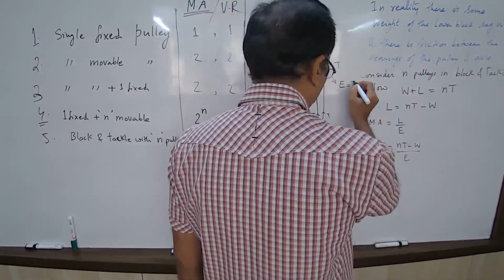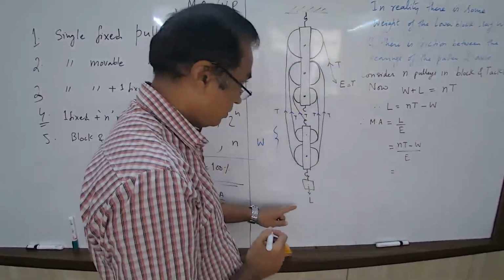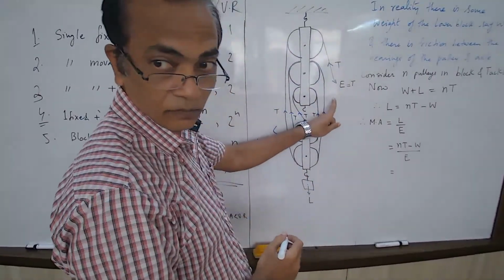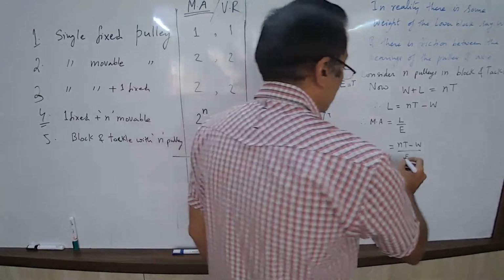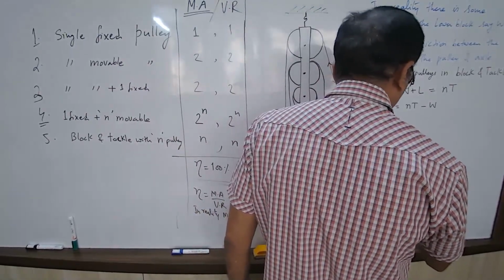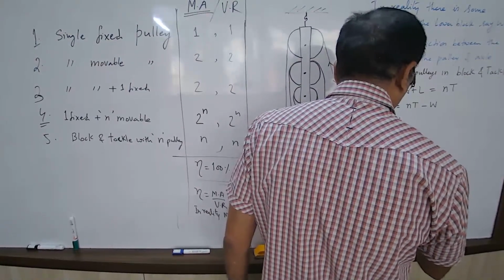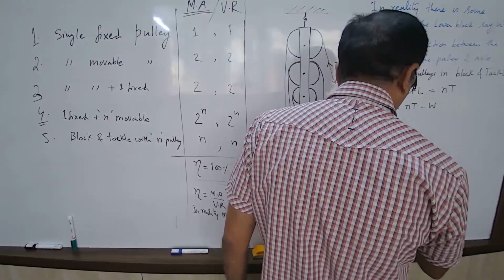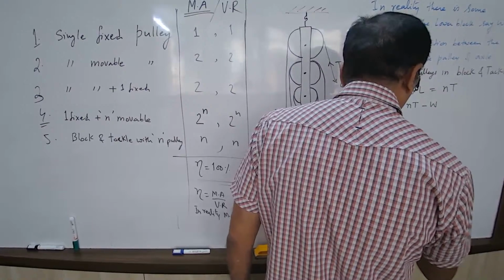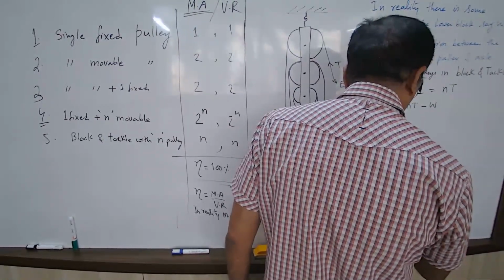E is equal to T, always, right? E is always equal to T, correct? So I would write NT minus W by T. Now splitting it, NT by T minus W by T. So this is N minus W by T.